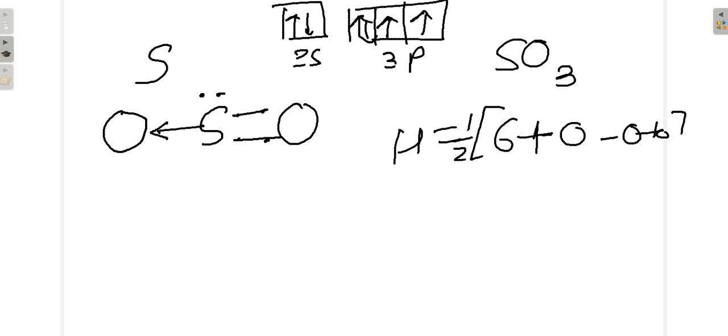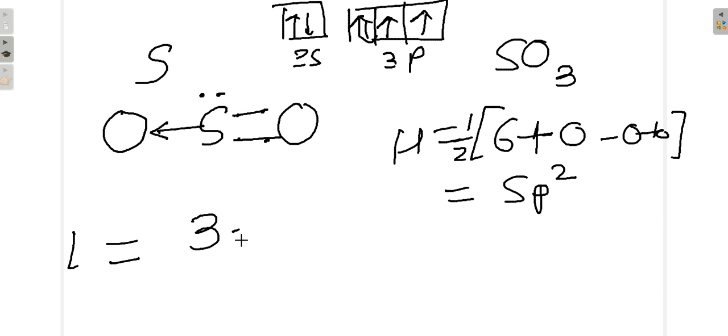Same thing, it will be sp2. But please note that the number of lone pairs will be given by 3 minus 3, since in SO3 there are 3 divalent atoms, so there will be no lone pair. So in case of SO3, even this lone pair will be donated to oxygen, and no lone pair will remain on the sulfur atom.